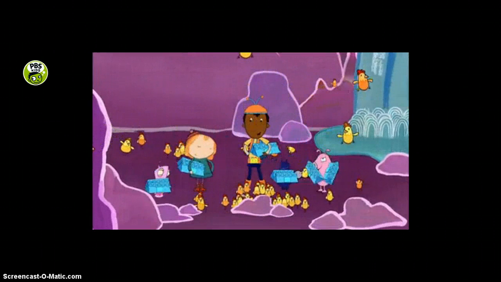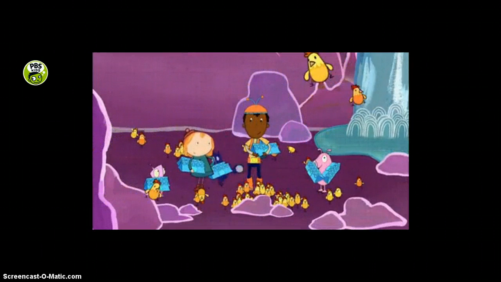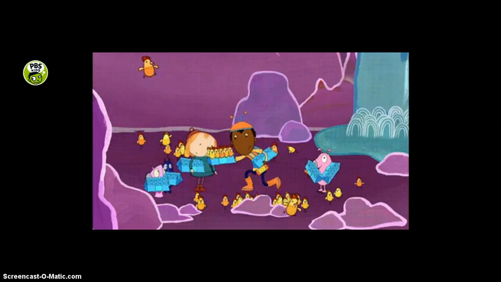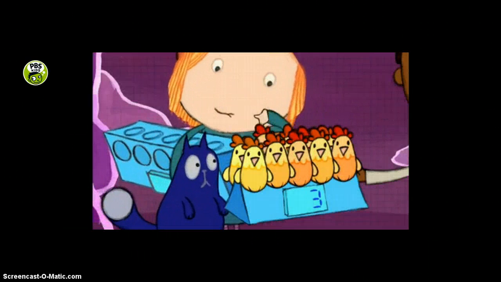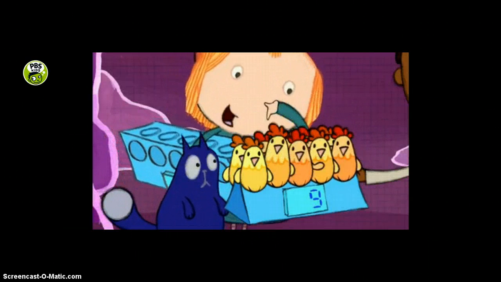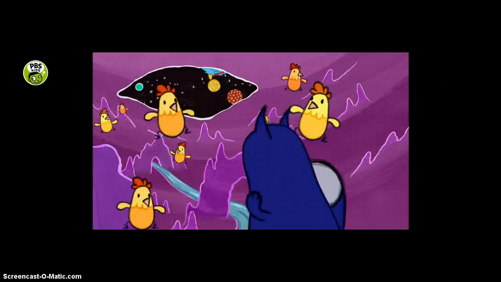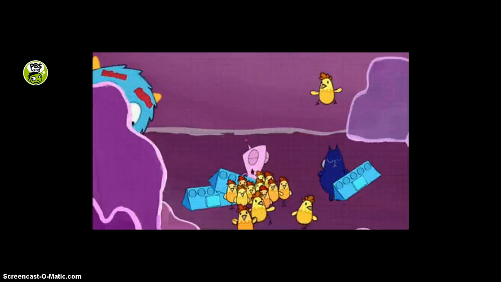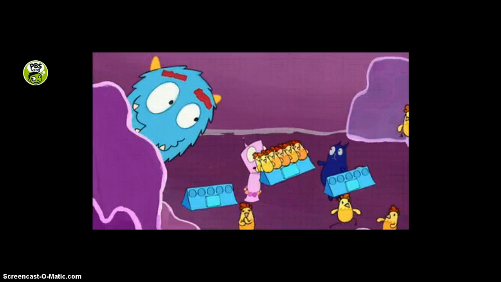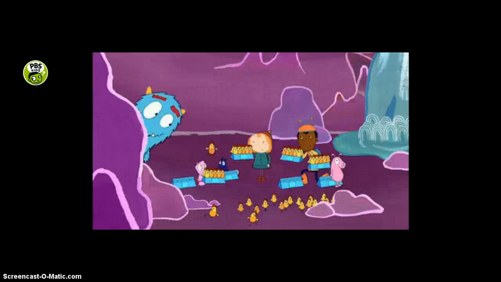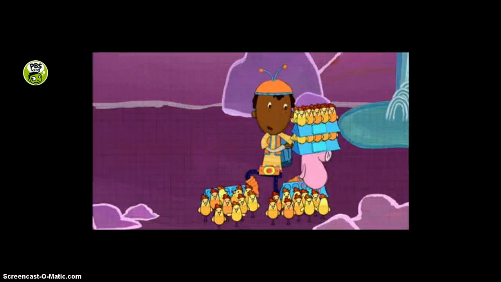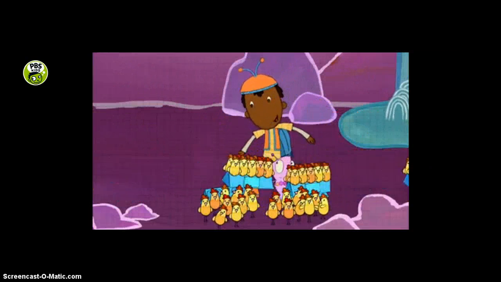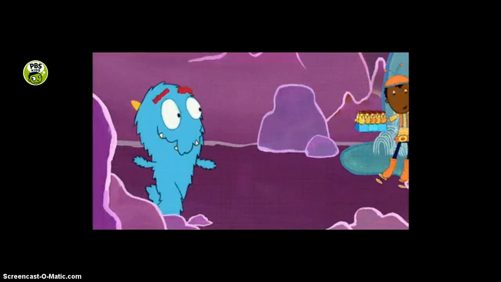Everybody take your trays and scoop up chickens 10 at a time, like this. 1, 2, 3, 4, 5, 6, 7, 8, 9, 10 chickens. I have a tray with 10. I have a Big Mouth! I do not have a big mouth. 10, 20, 30, 40, 50, 60, 70, 80, 90, 100.